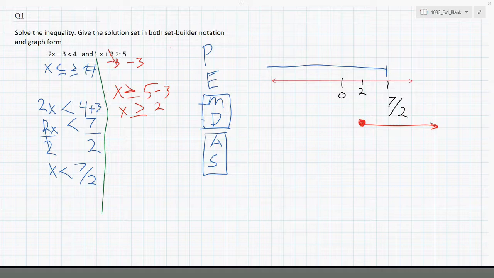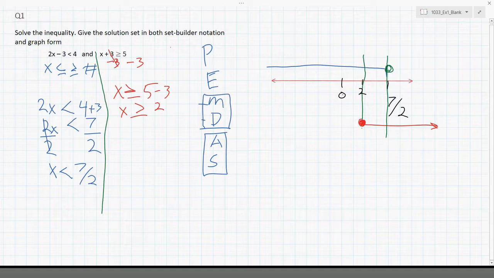Now we're looking at an AND statement. An AND statement requires both lines to be there at the same time. So both lines exist from the green colors, from 2 all the way to 7 over 2, but this one here, you have to remember, was empty.